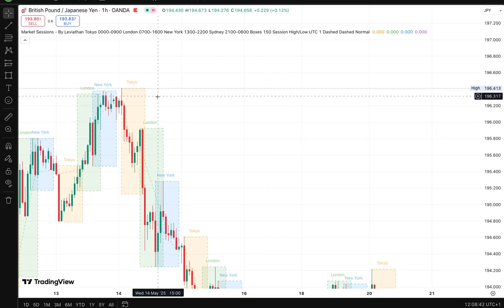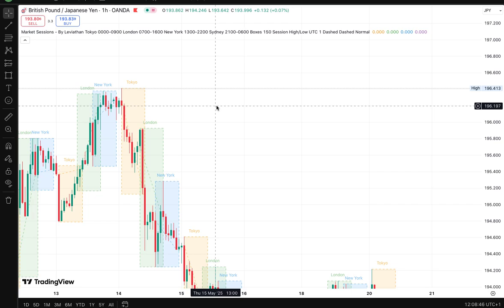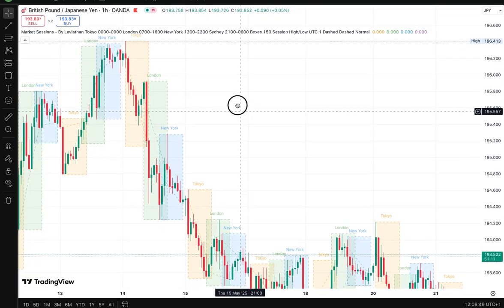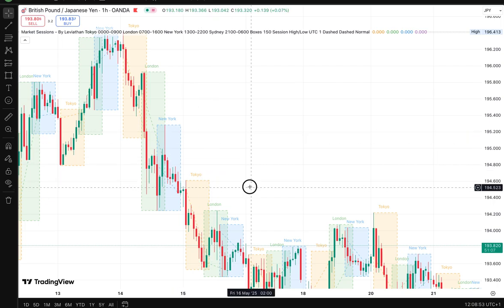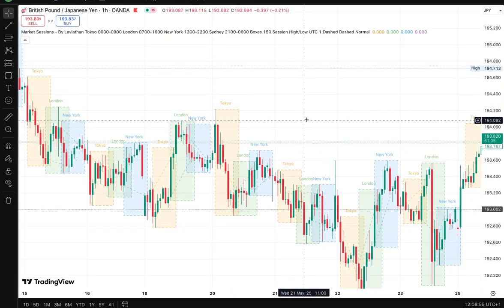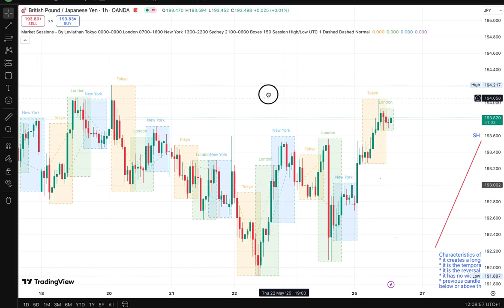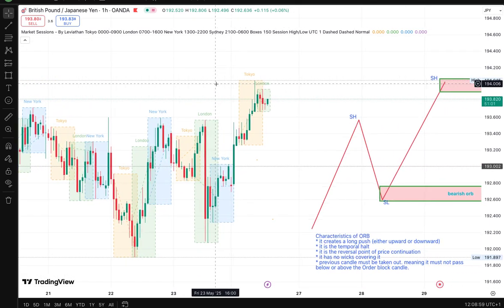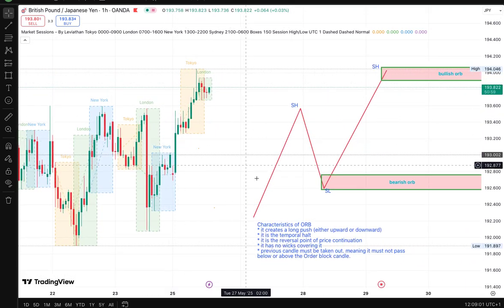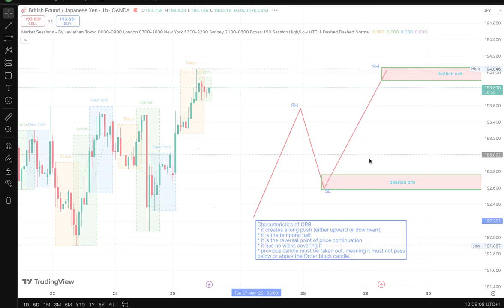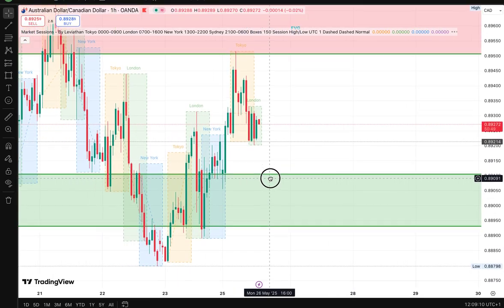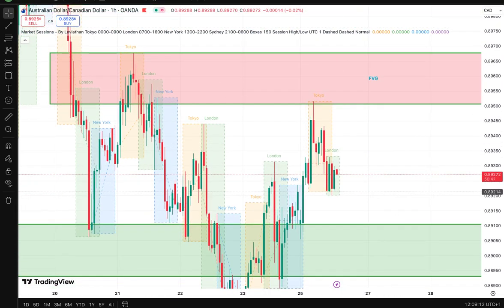It must take out. All right, from this candle now, I can't see any. Let me go to another chart. Is there any valid order block?